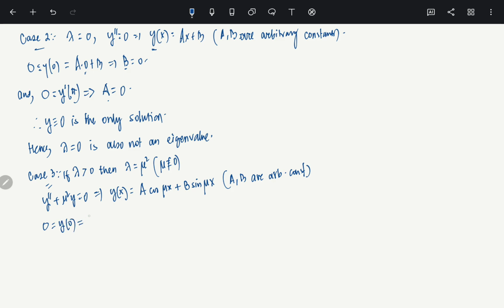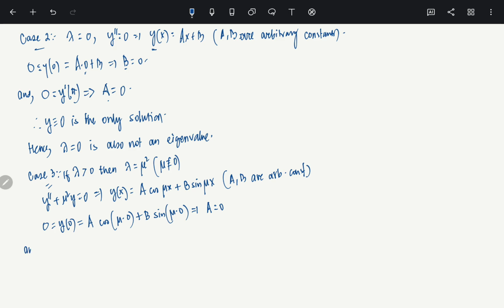So a times cosine of mu times 0, plus b times sine of mu times 0. Sine 0 is 0 and cosine 0 is 1, so this implies a equals 0, because b times 0 is 0. So we are left with a equals 0.